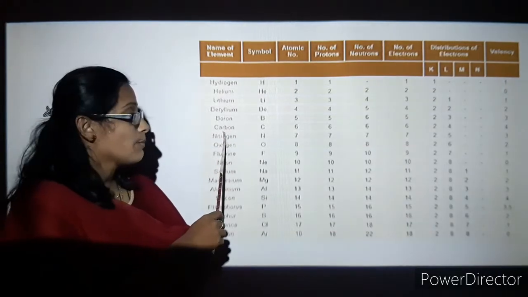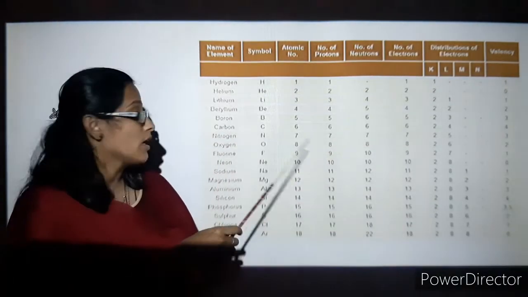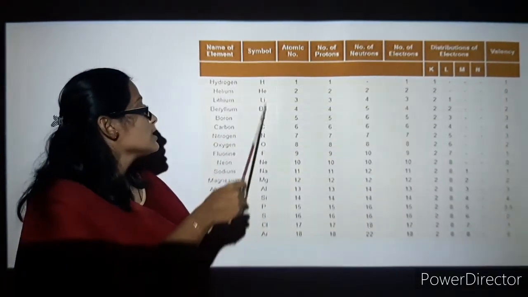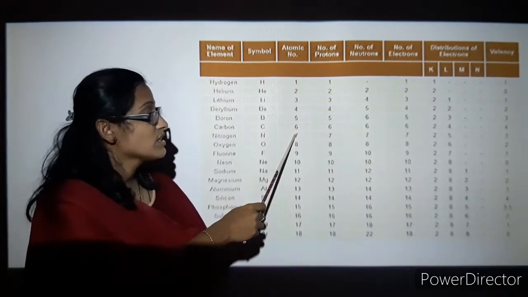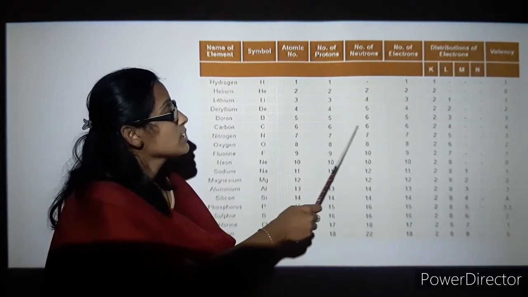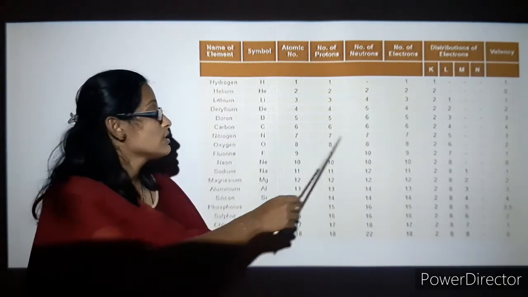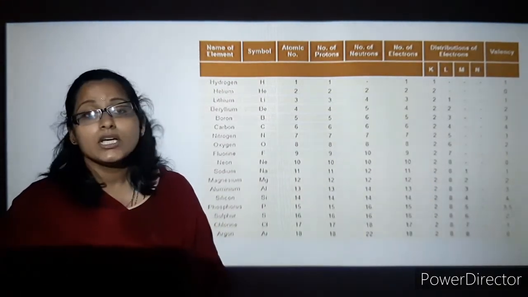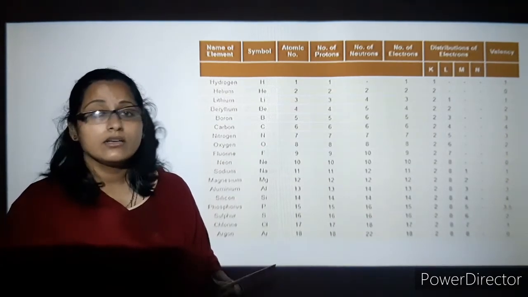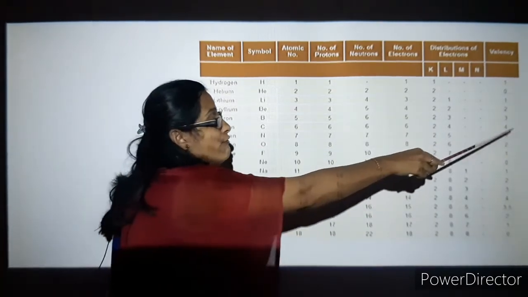So next is carbon. We have already discussed carbon. So carbon symbol is C and atomic number 6. So here you can see that even the neutrons are equivalent, because here in the octet the outermost shell will have 4.